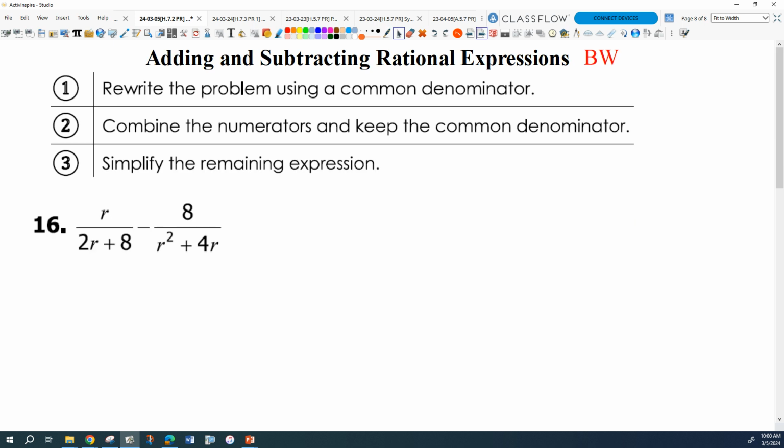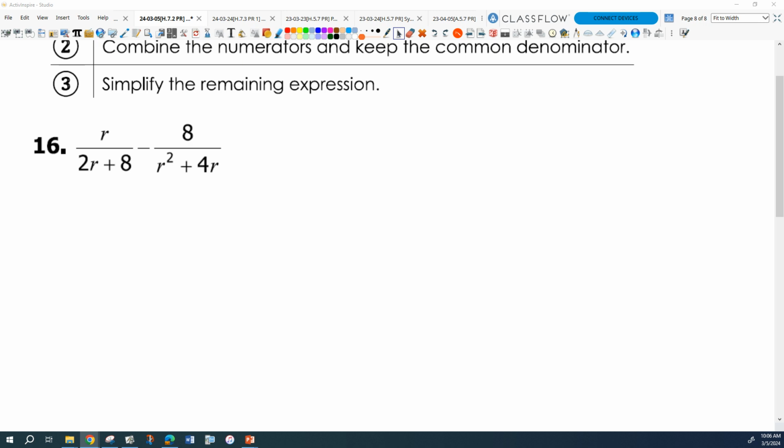All right. Why don't you guys go try one? All right, first step, we want to factor denominators, right? So the first denominator, everybody got that factored.